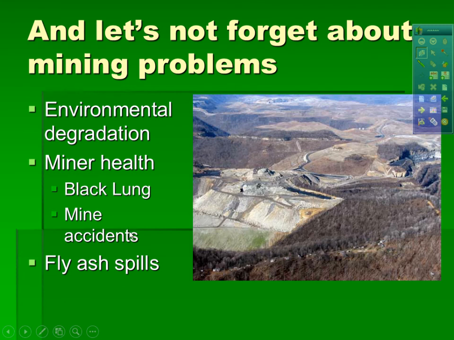And then the mining problems, and we'll talk about how stuff is mined in the next video. But essentially, mining causes environmental degradation, and you can work on reclamation, you can work on putting stuff back to the best of your ability, but it's not ever going to be as good as it was before.